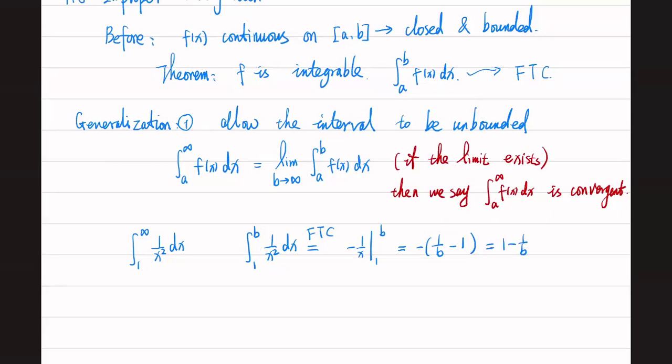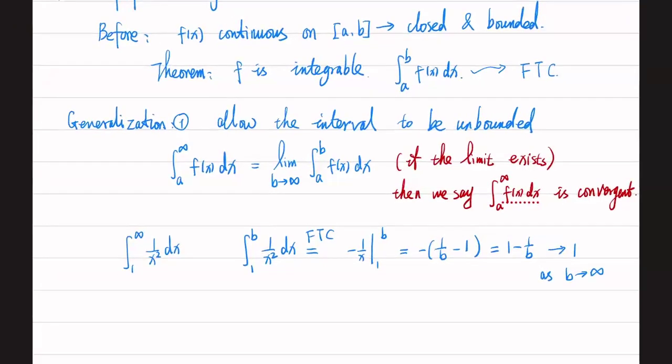And we can find the limit when we go to infinity, it is 1. Therefore, we see this integral is convergent.